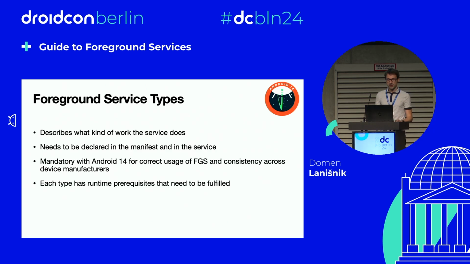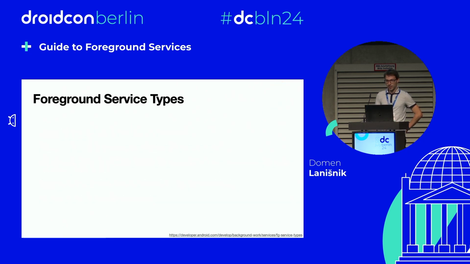Each type has runtime prerequisites that need to be fulfilled before you can start a service, and a service can actually define multiple types. We'll see this later. So what are the types that are currently supported?